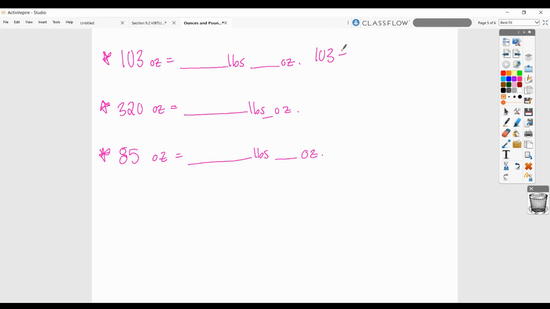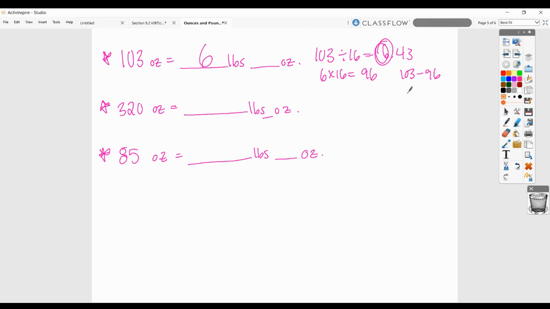If not, here's how you do it. 103, we're going to take that and divide by 16. So 103 divided by 16. We get 6.43 something. I don't care about the decimal. I just want to see how many pounds it is, that it goes in evenly. Now you take that 6 and times it by 16. That'll tell us how many ounces we're at. We're at 96. So I need to get to 103, so I need a few little extra ounces.